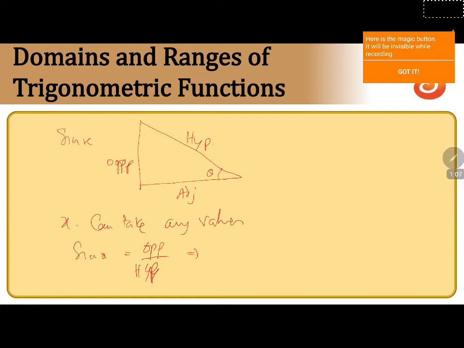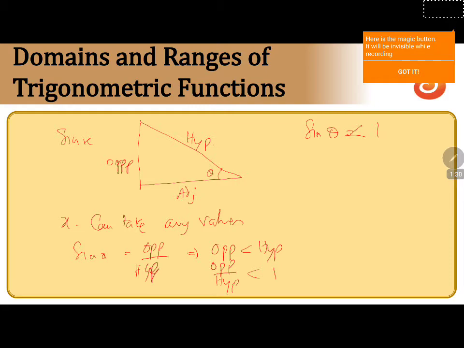You observe that the opposite side is always less than the hypotenuse. Opposite by hypotenuse is less than 1. That means sin theta will always be less than 1.